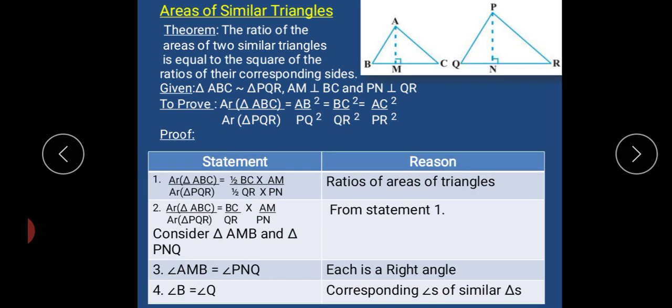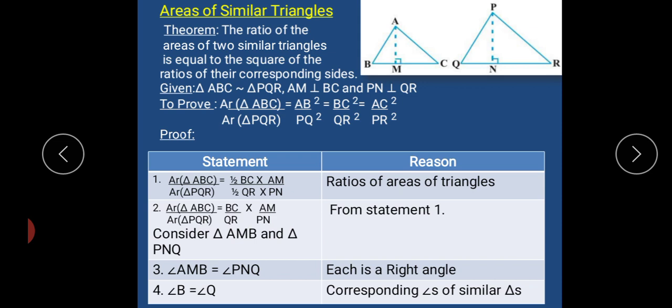Now see, what is asked to prove is the ratio of areas of two triangles. So we are going directly to the ratio of areas of two triangles, and we use the formula half base into height. If you look at triangle ABC, it is half BC into AM, and triangle PQR, it is half QR into PN.